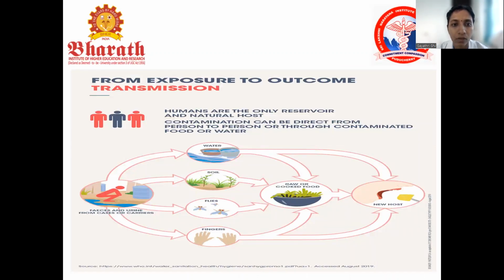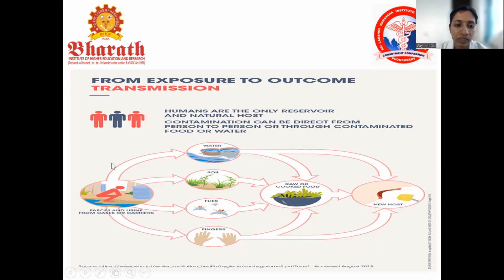So how does this transmit? Fecal-oral route. Humans are the only reservoirs and the natural host available. Contamination can be direct person to person or through contaminated food or water.